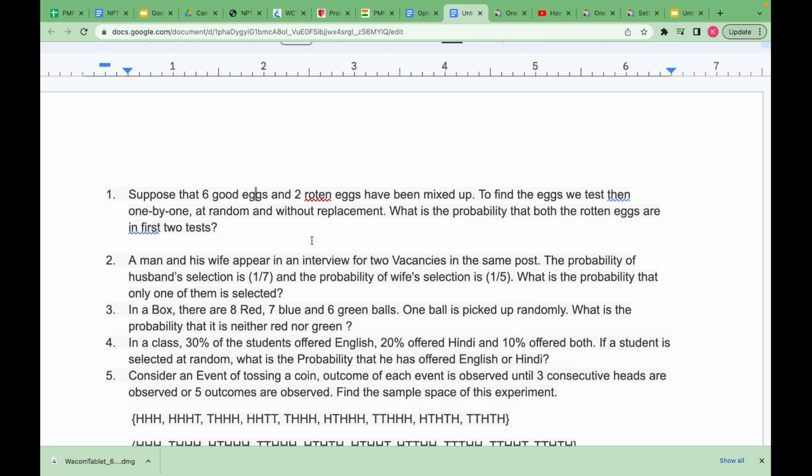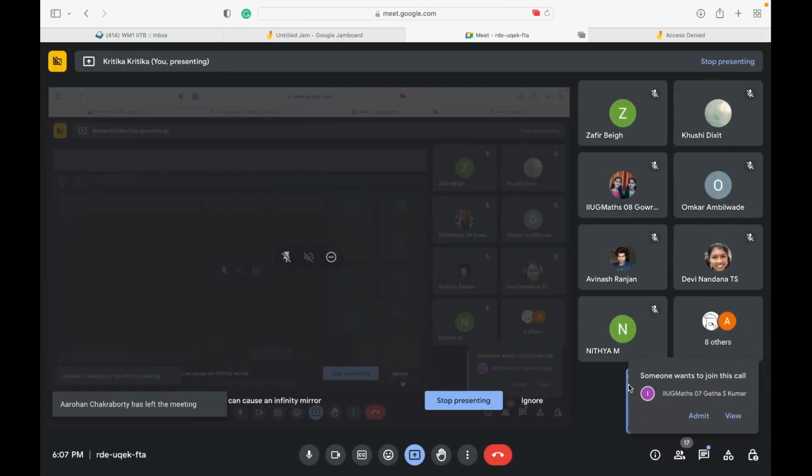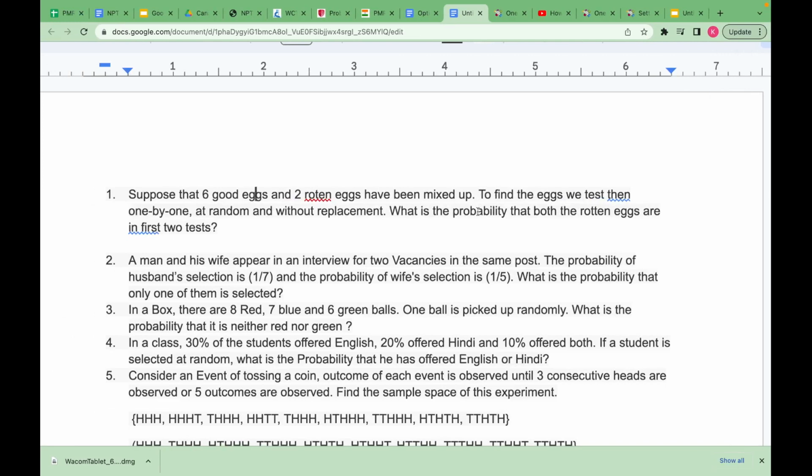So it's without replacement. Now they are asking, what is the probability that both the rotten eggs are found in the first two tests?